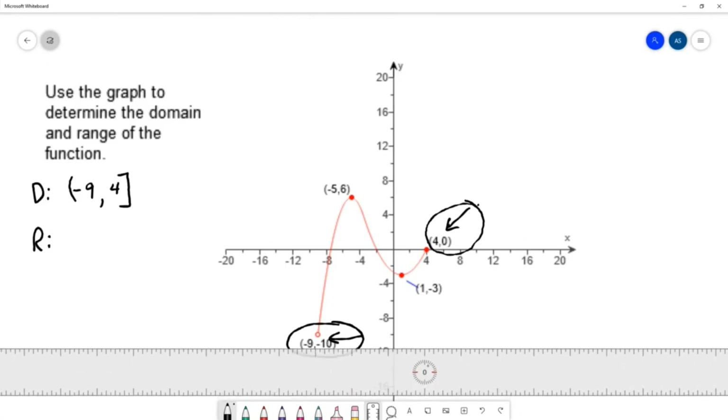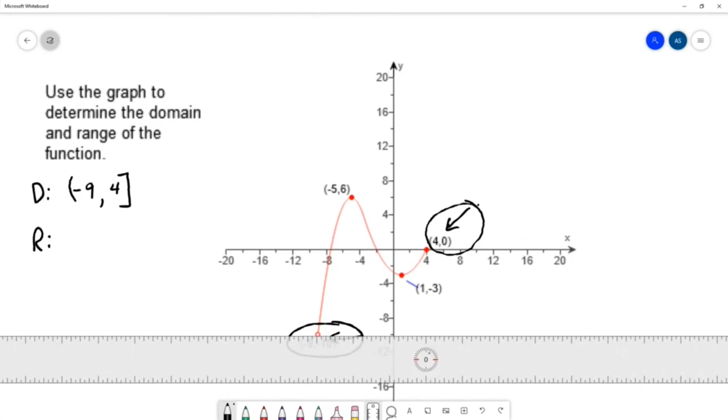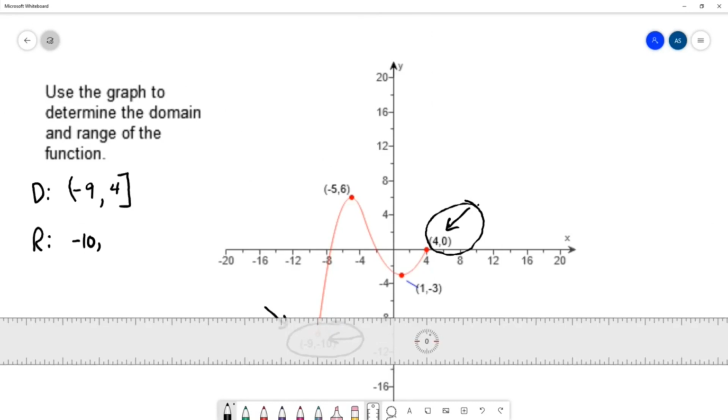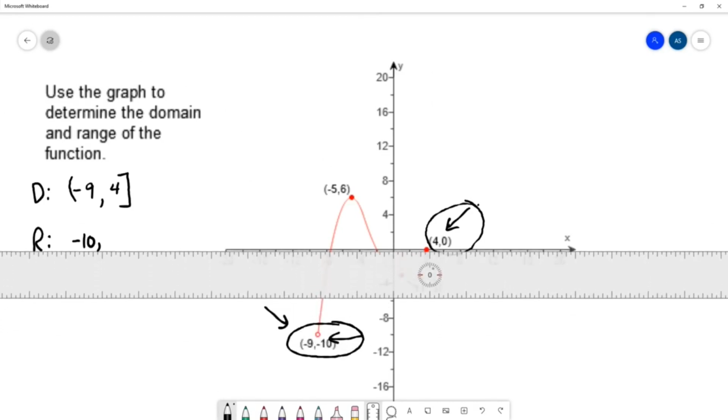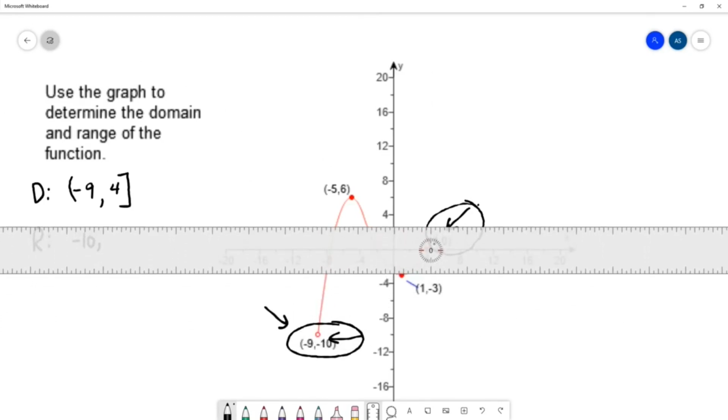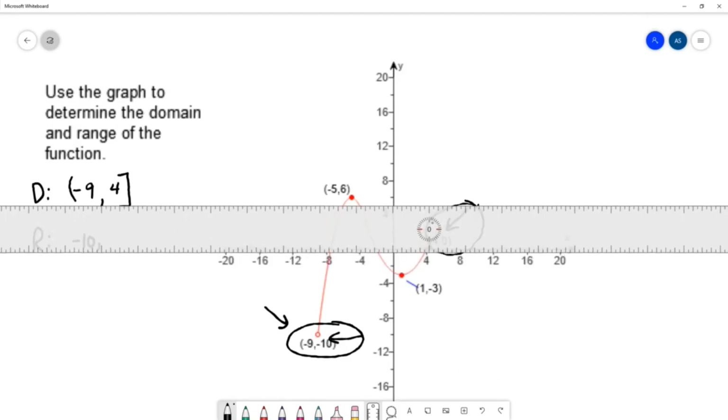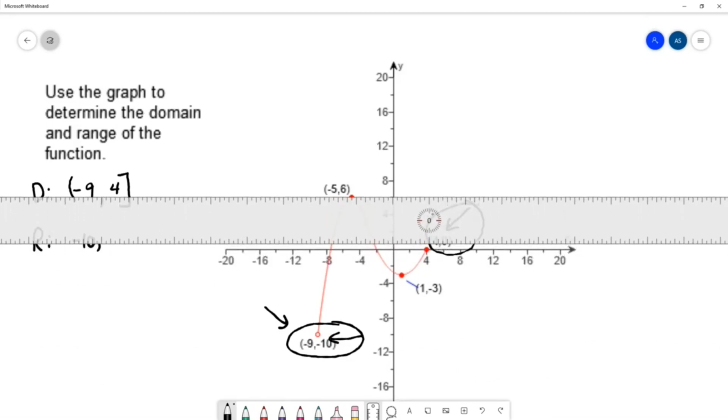So the first time my ruler hits the graph is at this point, and this point has a y coordinate of -10, so that's when my range will start. Continuing on up, I'm touching the graph, so all of these values are part of the range. The last time my ruler hits the graph is at this point here, which has a y coordinate of 6.